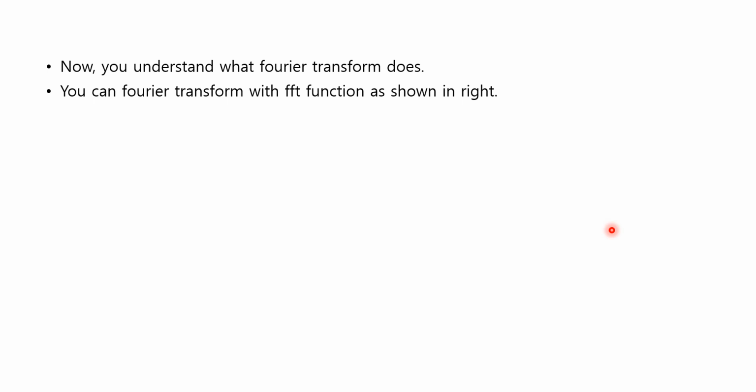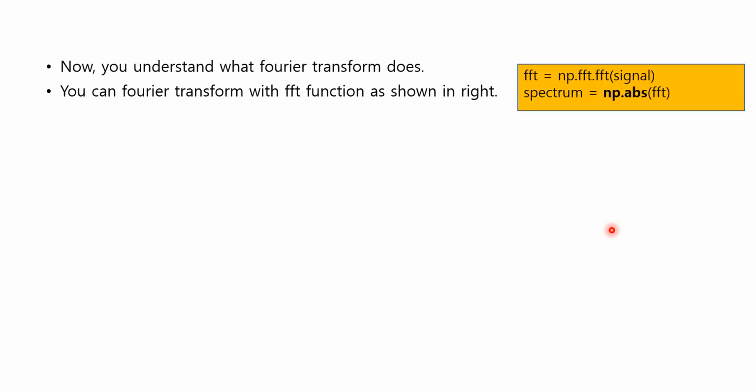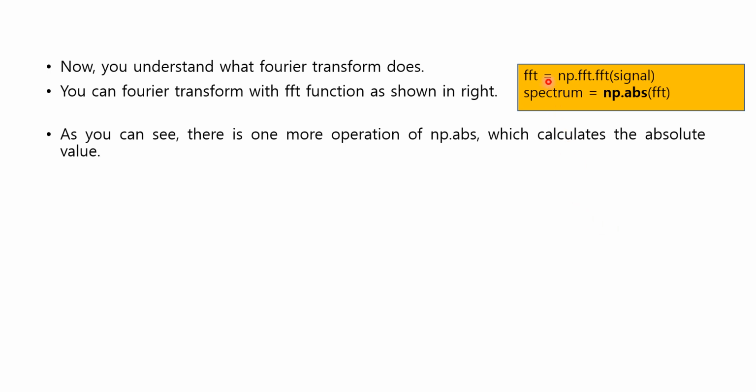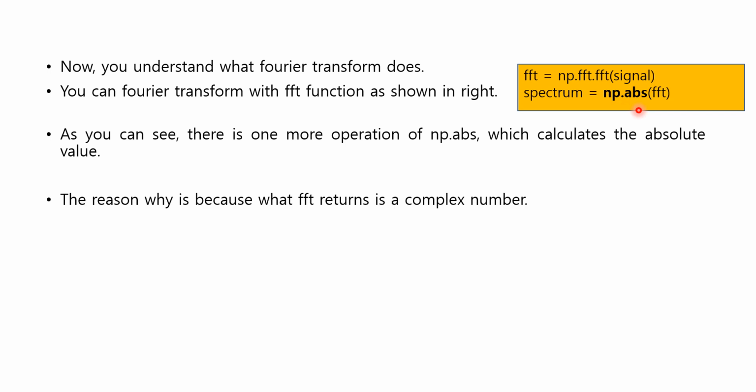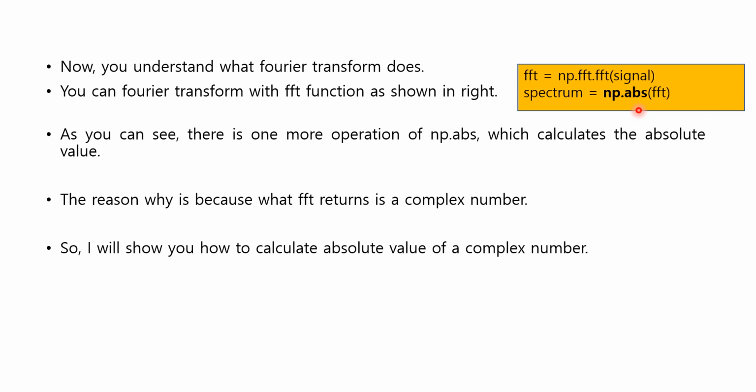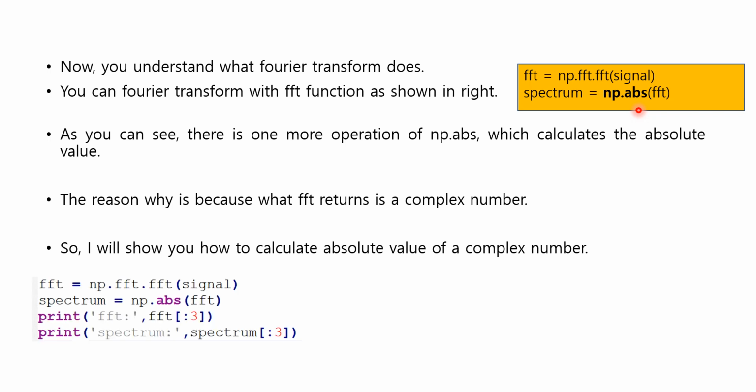You can compute the Fourier transform with the FFT function as shown on the right. Given a signal, FFT returns the fast Fourier transformed values. As you can see, there's one more operation, abs, which calculates the absolute value. The reason is that what FFT returns is a complex number. I'll show you how to calculate the absolute value of a complex number.